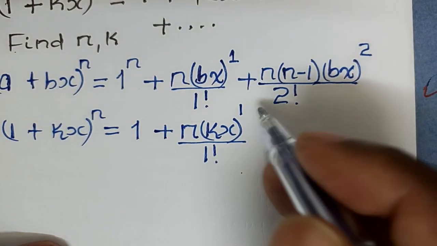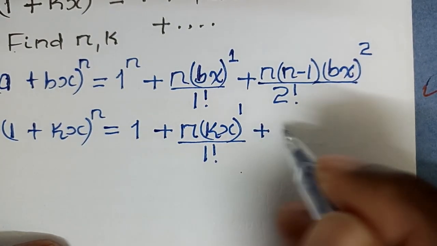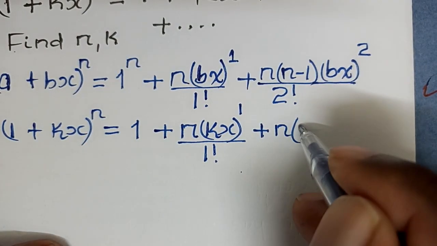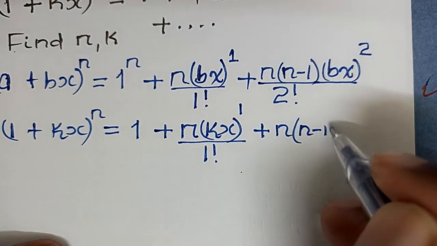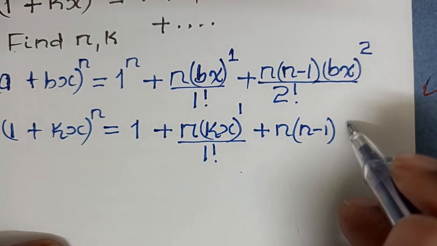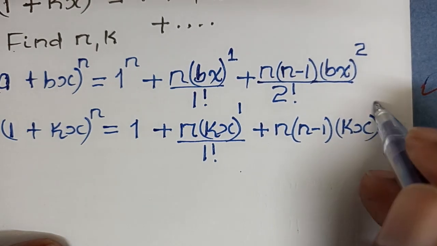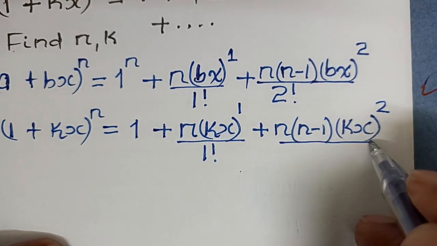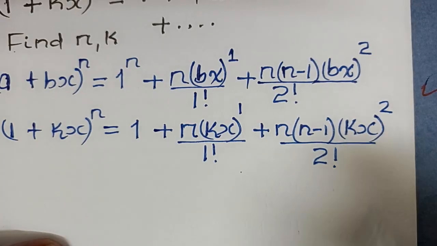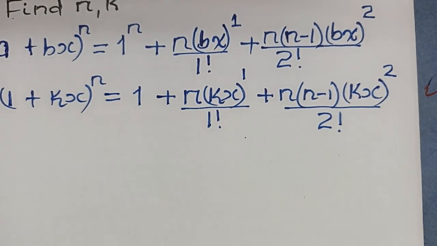And the next term, we are going to have n times n minus 1, and then here we have (kx) squared, all over 2 factorial. So guys, up to there, all is well.